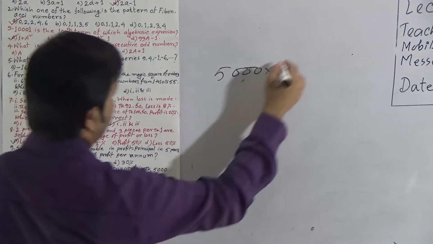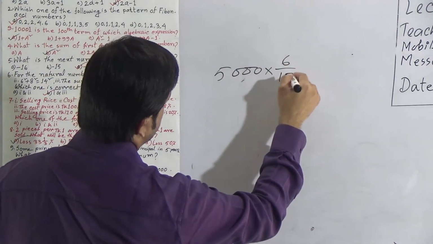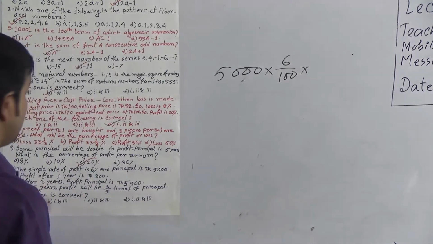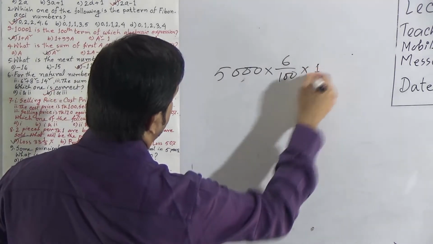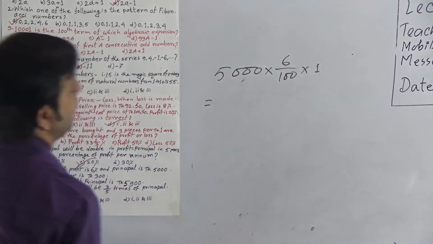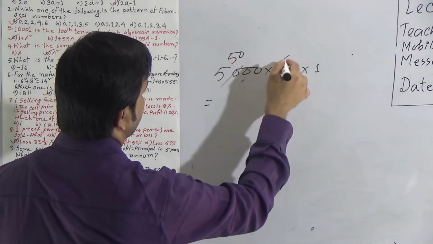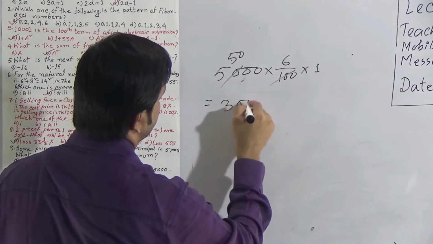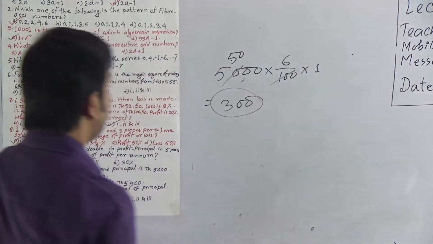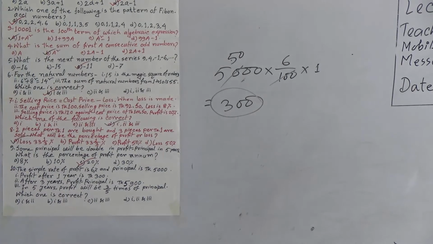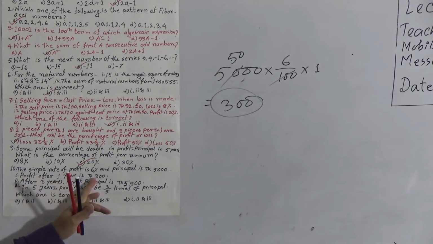Now rate of profit is 6%, so 6 by 100, and time is 1 year. We can cut here by 100, we will get here 50, 5 6s are 30, 300. So we can say the profit after 1 year is 300 taka.